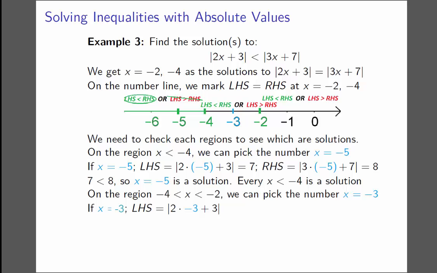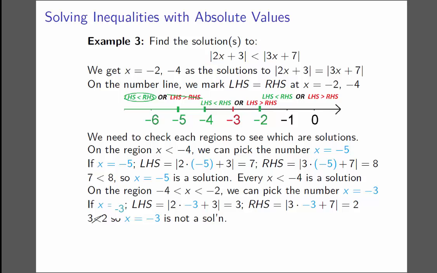If x equals -3, the left-hand side is the absolute value of 2 times -3 plus 3, which is the absolute value of -6 plus 3, or the absolute value of -3, which is 3. On the right-hand side, we have the absolute value of 3 times -3 plus 7, which is the absolute value of -9 plus 7, which is the absolute value of -2, or 2.